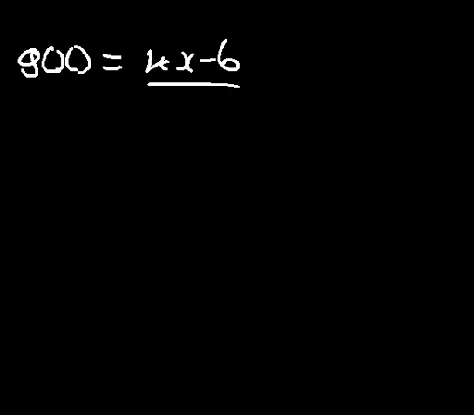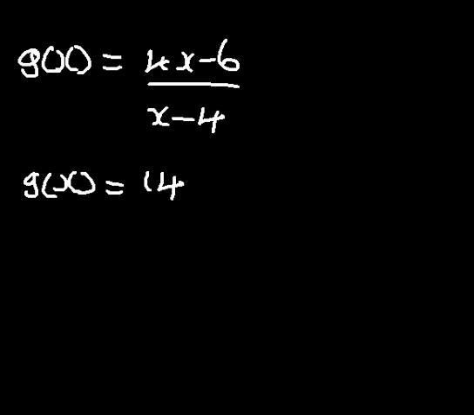Now what if we have a g of x, let's say it is given as 4x minus 6 divided by x minus 4. Given that g of x is 14, let's find the value of x.